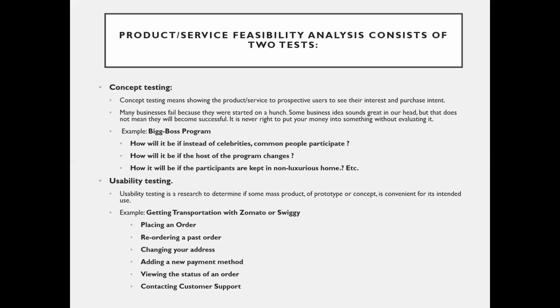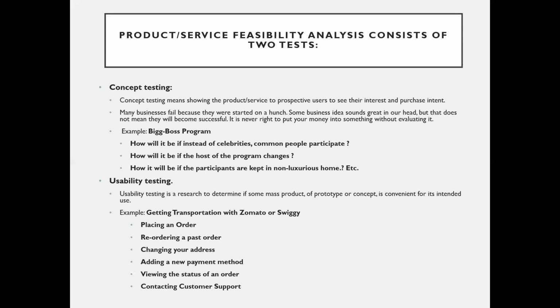Viewing the status of an order, you'll see that in Zomato and Swiggy you'll get an option to see the delivery person. It keeps giving you a status update, showing that your order has been accepted by the restaurant, the food is being prepared, and the Zomato valet has collected the food and is on the way to deliver it.